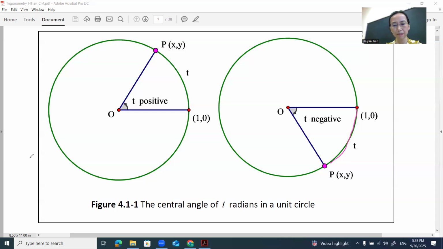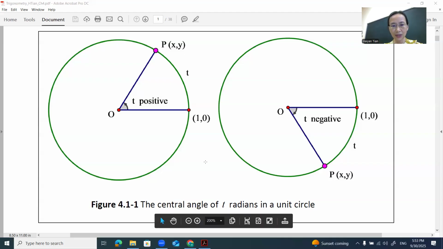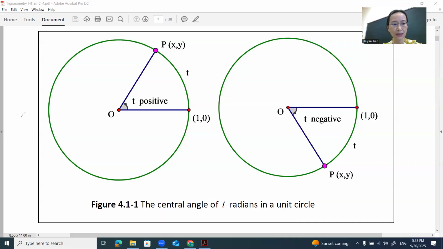So here we continue to look at the trigonometric function values. Suppose we pick a point. We want to find the sine and cosine of t.